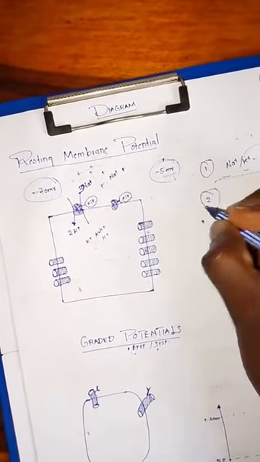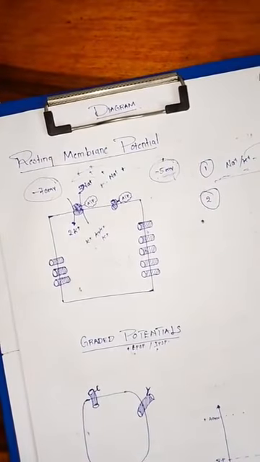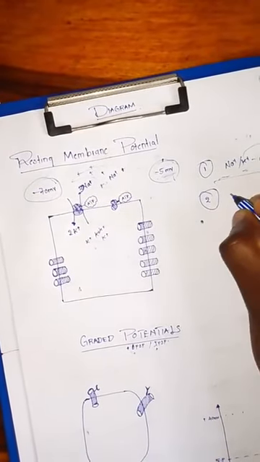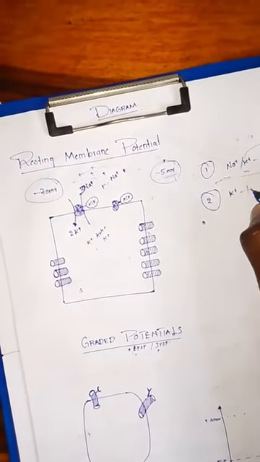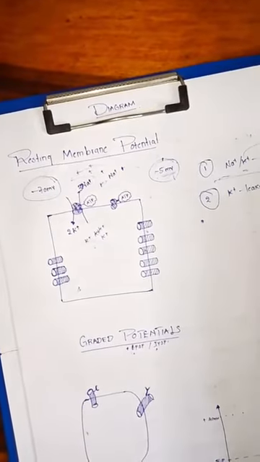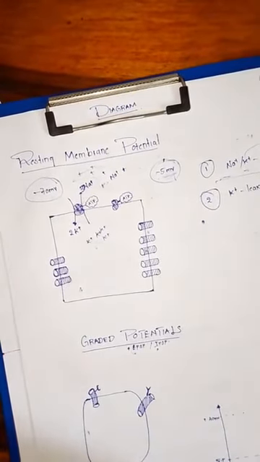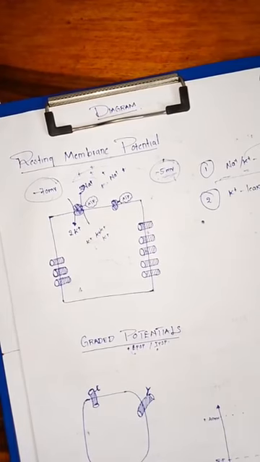Then the other factor that contributes to the resting membrane potential is the leaky channels. We have what we call the potassium leaky channels. So from the start, we said that these leaky channels are always open, allowing the passage of ions either to the outside or to the inside.